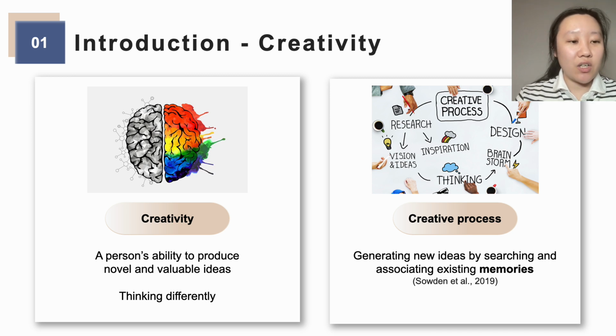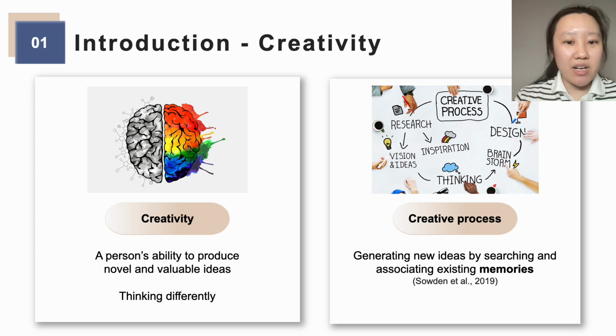So we now know what creativity is, but how do we achieve it? We normally achieve creativity from a process called creative processes. In a creative process, we generate new ideas by searching and associating existing memories.